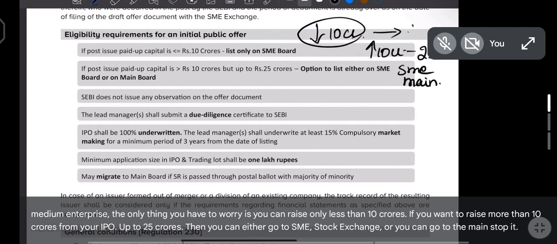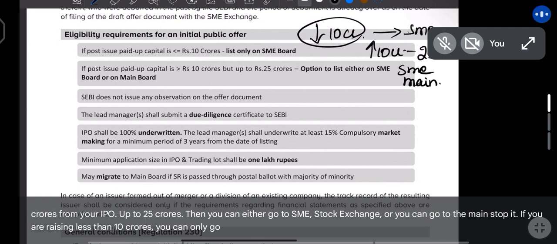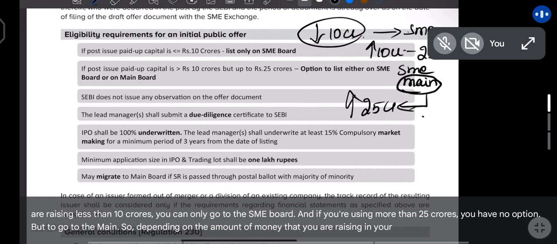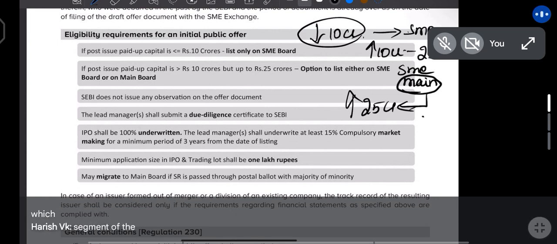And if you are raising more than 25 crores, you have no option but to go to the main. So depending on the amount of money that you are raising in your IPO, you can decide which segment of the stock exchange you will list your shares on.